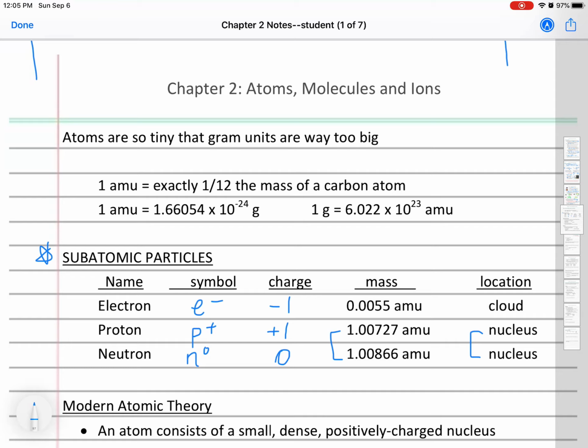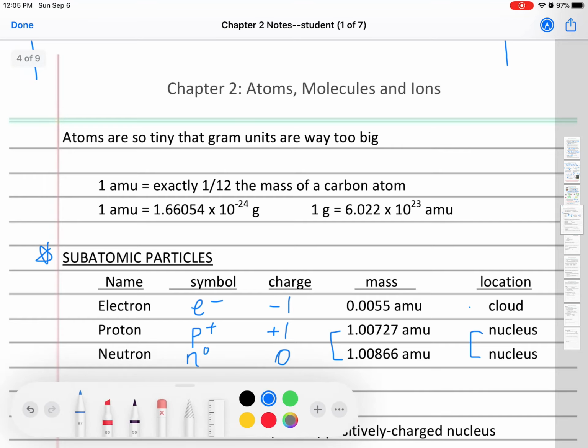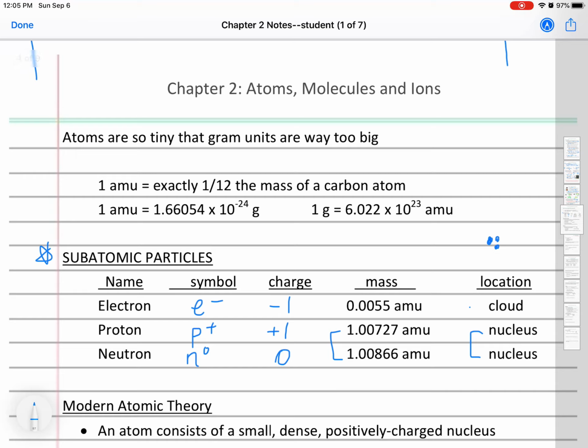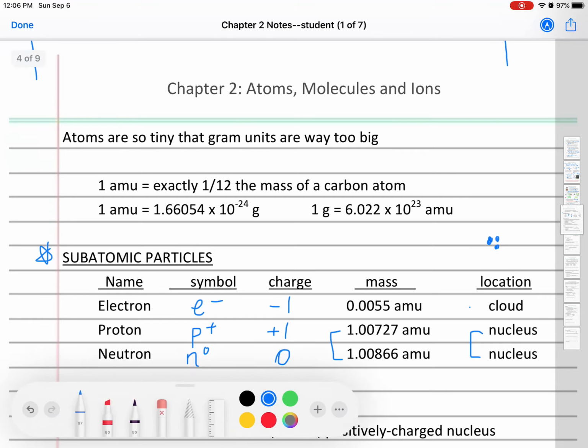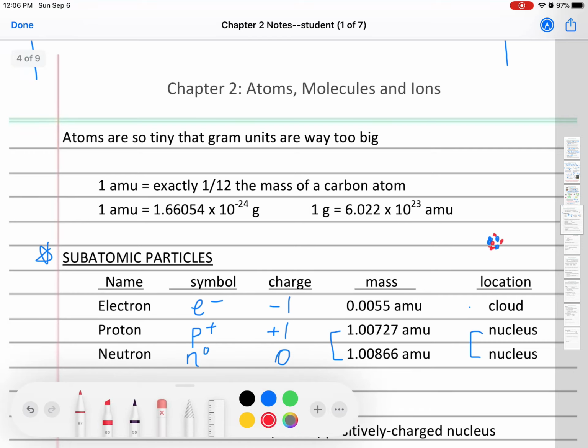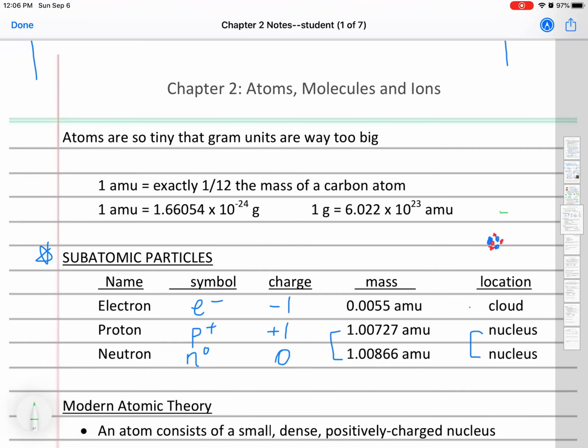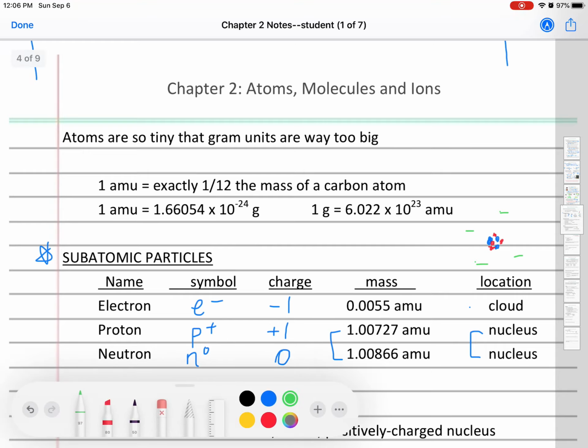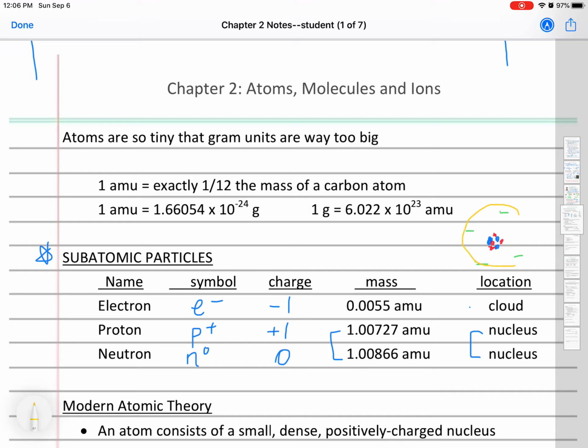They are both found in the nucleus, that tightly packed dense center of the atom, and electrons fly around in the cloud. So our current picture of an atom is, let's say if we color-coded this, protons we'll say are blue in the nucleus, and neutrons are red in the nucleus, and then we have electrons that fly around outside, and that space that they fly around in is known as the cloud.